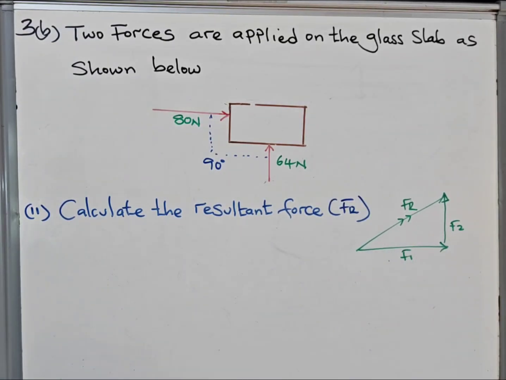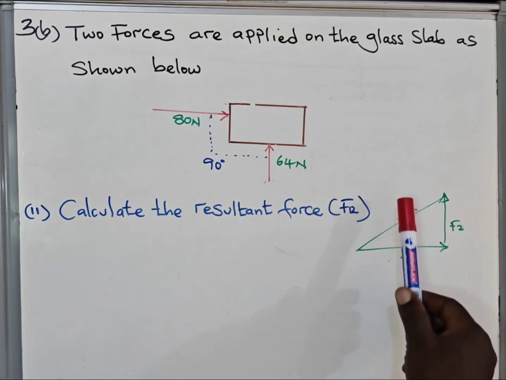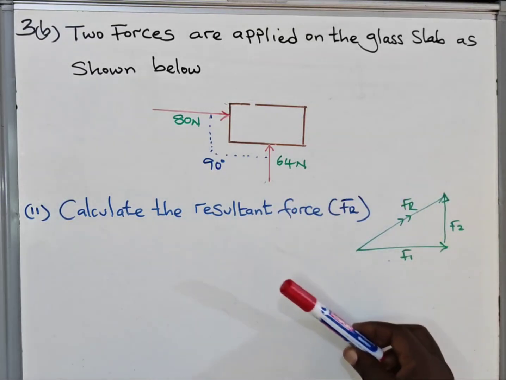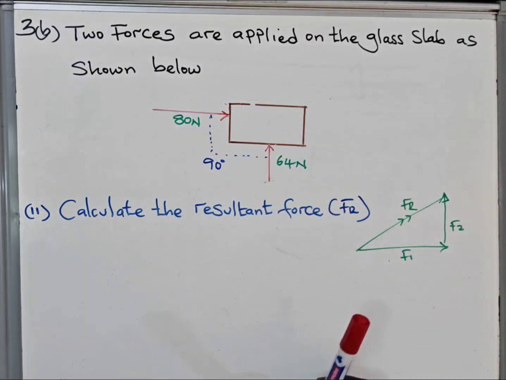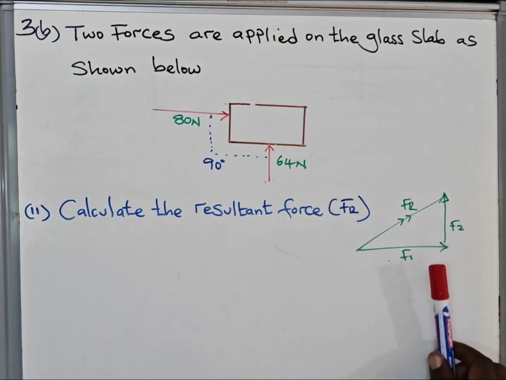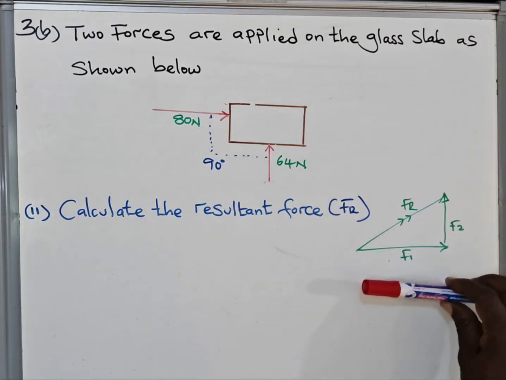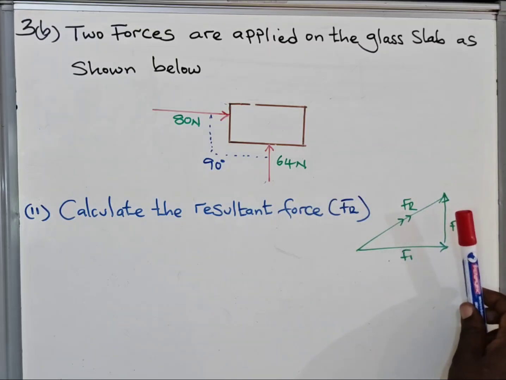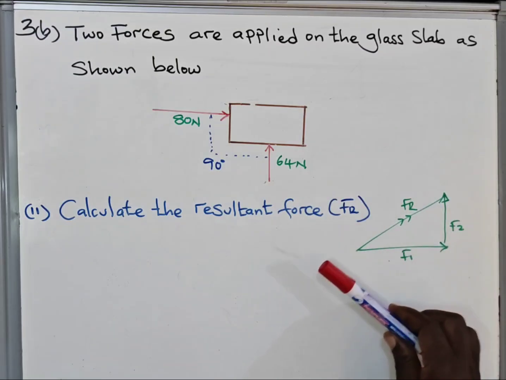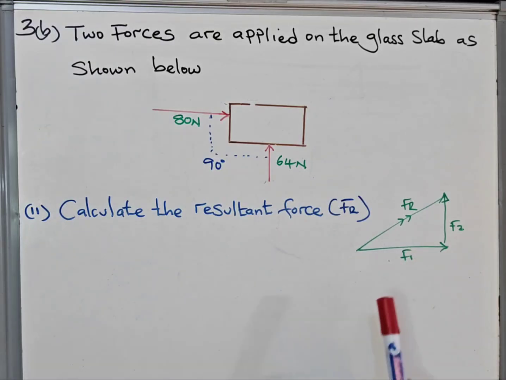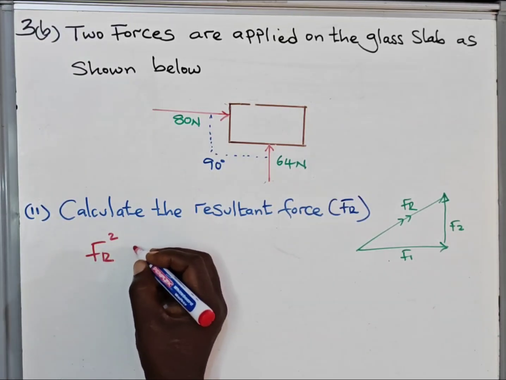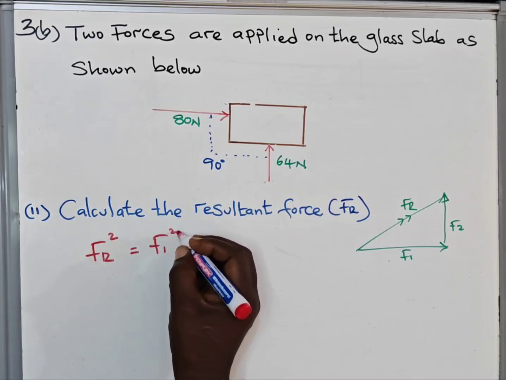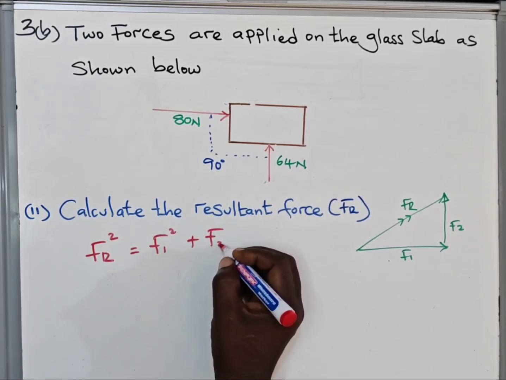So we're determining the resultant force, and here we apply a mathematical principle which has been in existence for years. We call it the Pythagoras theorem. It says that when you have two vectors at right angle to each other, then the resultant vector and the F1 and F2 are given by this relationship, which says that F resultant squared is equal to F1 squared plus F2 squared.